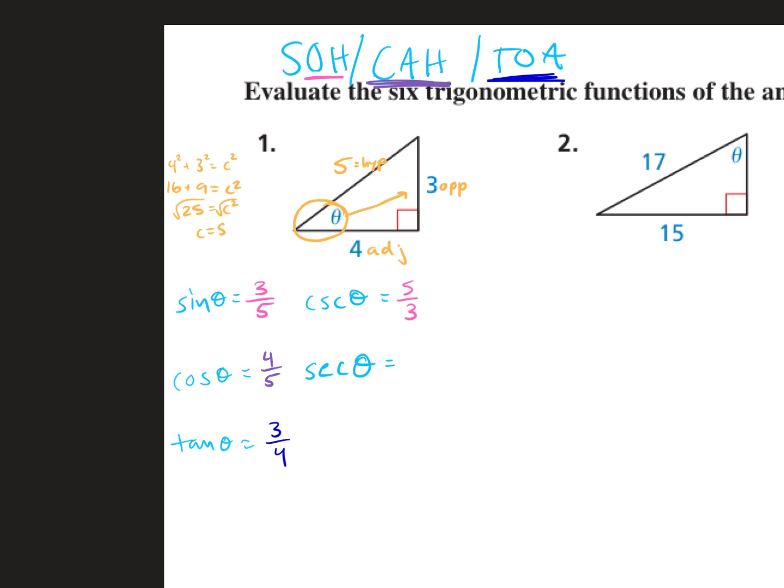So it's secant of theta be 5 over 4. Awesome, we just flip cosine. And then lastly, cotangent goes with tangent. And that would be 4 over 3. Perfect. So these are our 6 trig functions.